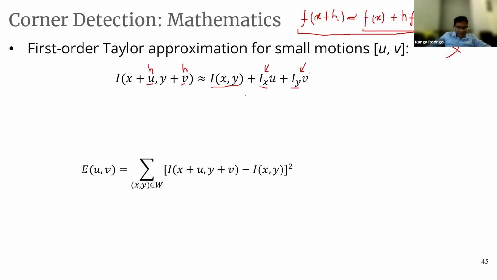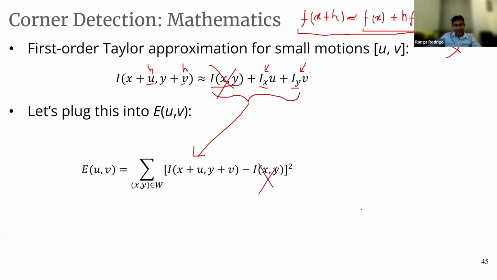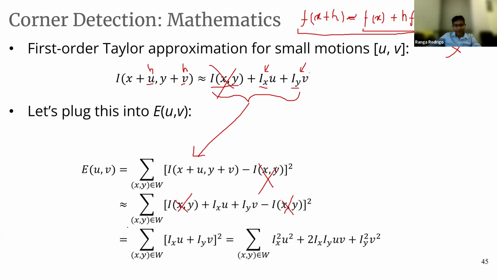Okay, so now this is very easy. You take that and plug that in here. What happens? This I(x,y) will cancel off because there's a minus sign. And what you have is Ix u plus Iy v, squared. If you square it, you get the first term squared, the second term squared, and twice the first term and the second term multiplication. And you can write that in matrix form. Of course, we love matrices.